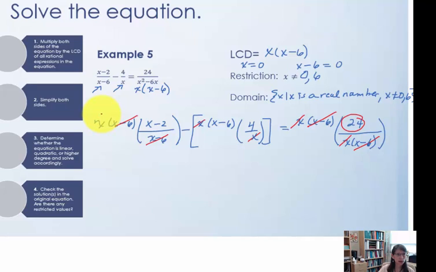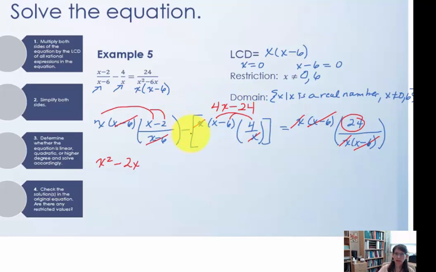Now I'll distribute x times each term in the quantity, and I'll get x squared minus 2x. In the bracket, I need to distribute 4 to each term in this quantity, and that leaves 4x minus 24.